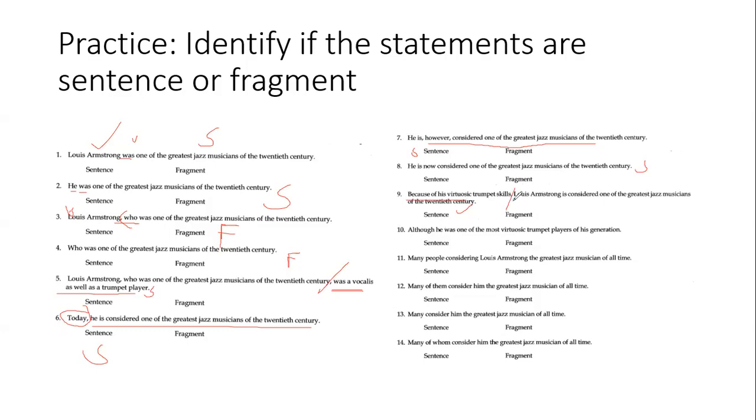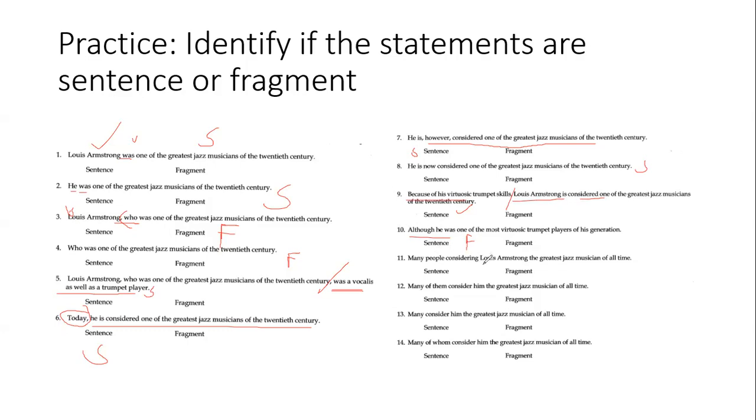But we find a subject followed by a verb, so it's a sentence. Although he was one of the most, this is a fragment because the sentence starts with a dependent clause.